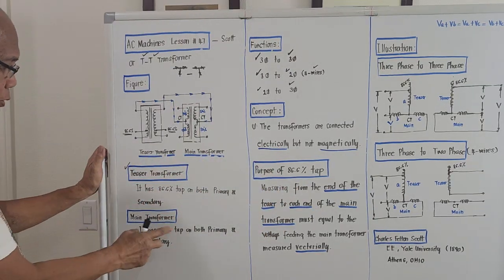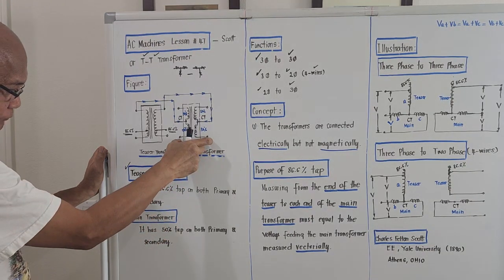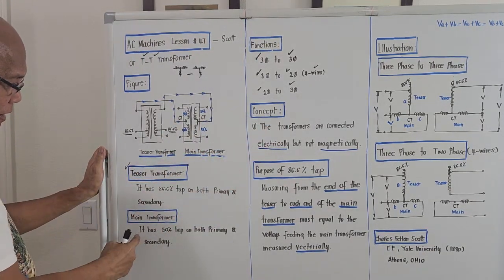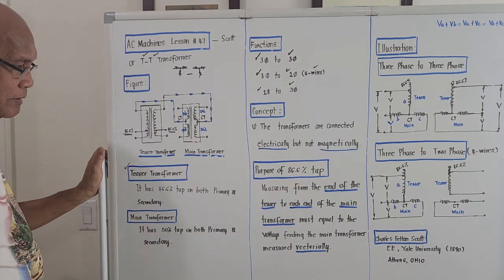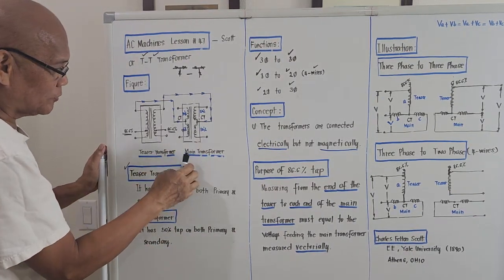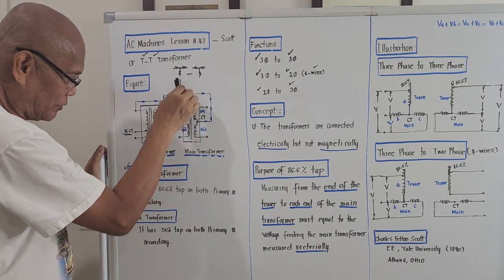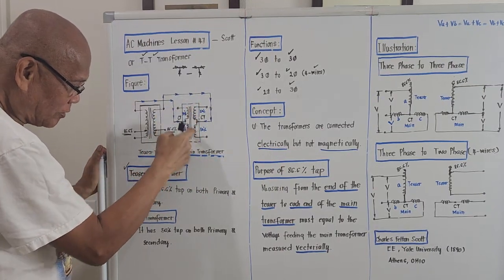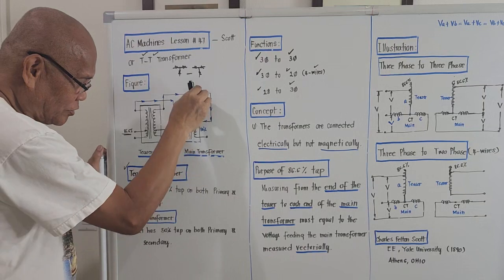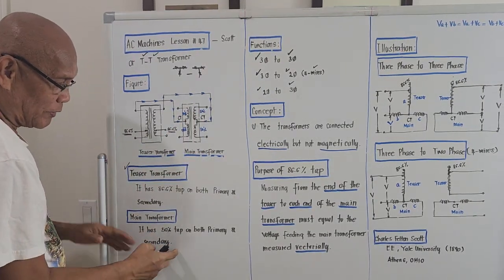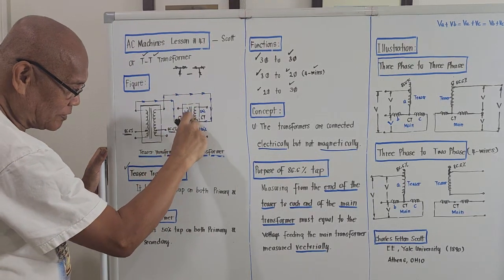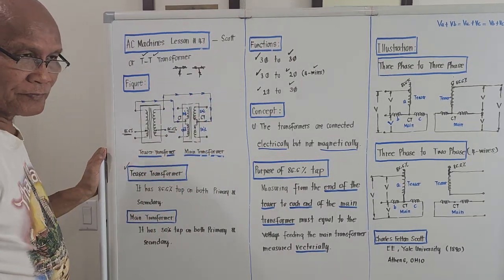For the main transformer, this one, it's a separate transformer. It has a 50% tap on both the primary and secondary. The primary side of the main transformer is this portion here. This is the iron core, and the secondary side is this one. According to this description, it has 50% here, 50%, 50%, 50%.